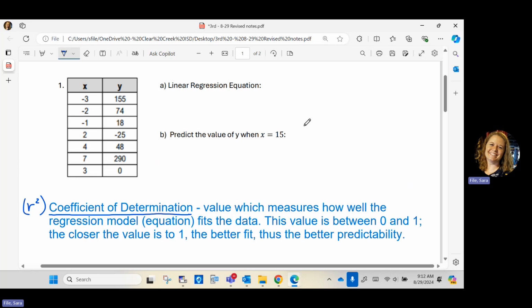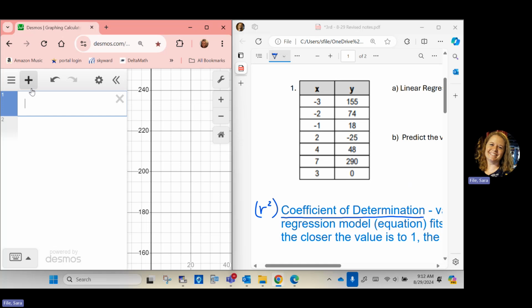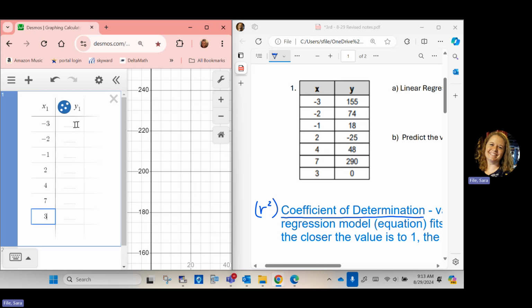All right, I'm going to split screen here with Desmos and enter my data. Remember, this is the process we learned yesterday. Let's refresh. You hit the plus table, and we enter our data. Carefully enter your data and make sure you're not having any typos or mistakes, because that'll throw everything off if just one of your numbers is wrong.